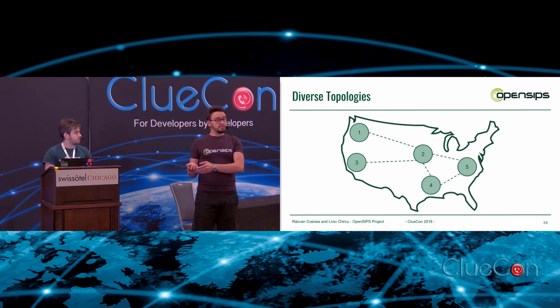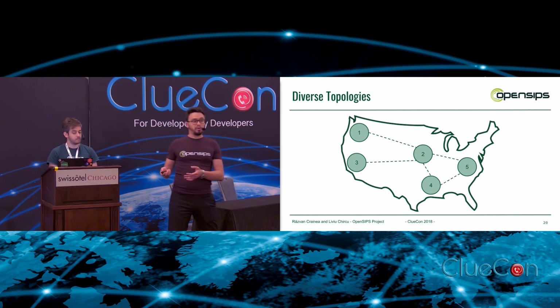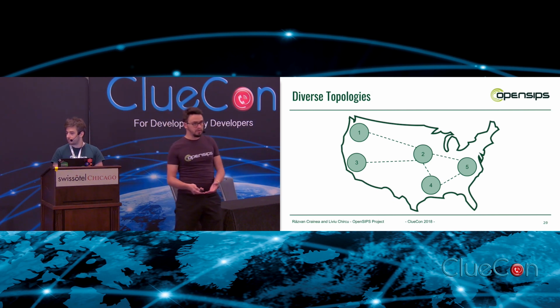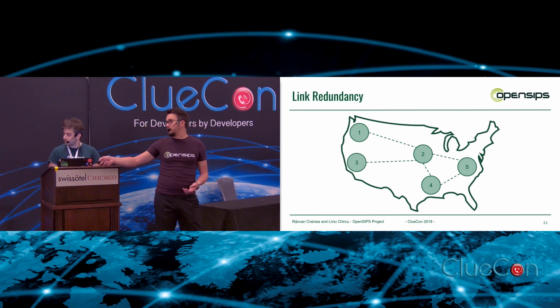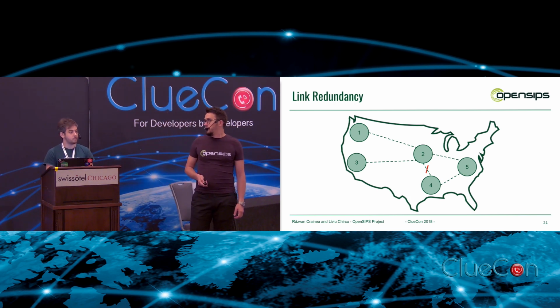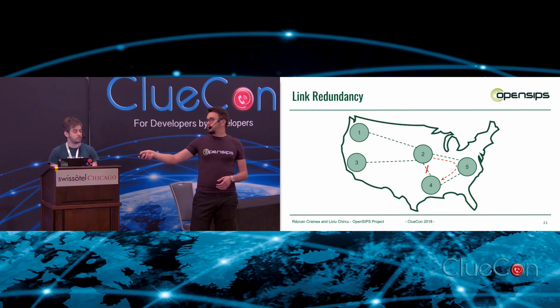Now, it supports different topologies, very diverse. So for example, you don't need to have a full mesh in order for the cluster to work. You can have something like this. Also, you have link redundancy in the cluster. If this link goes down, two will be able to reach five using another path. So nothing happens.